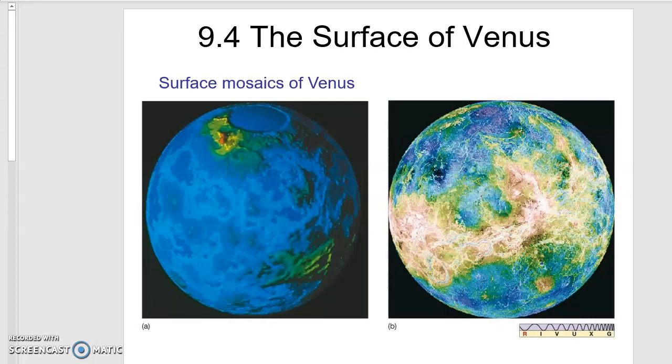So here are mosaics of Venus, and it's important to understand this. These are pictures that do show the two main structures of the geology. And if you can't see because of my picture, although I intended to take that off, I don't know if it actually did it or not.